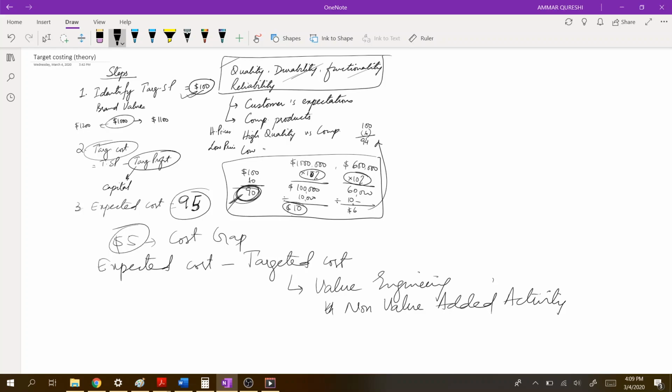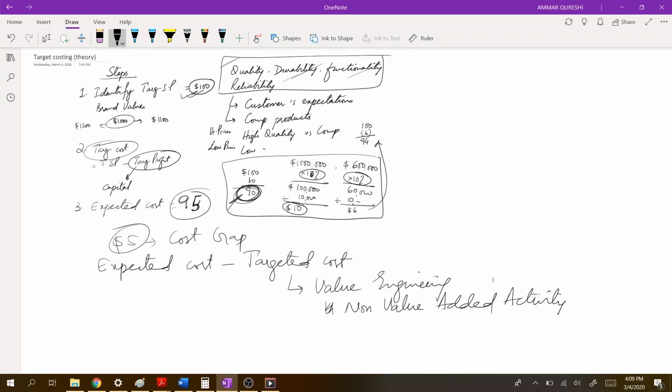For instance, spending too much money on the designing phase or the planning phase, or on the storage area, the batch processing area, warranty and after sales services, or anything which is not creating value for the product. We should try to eliminate those costs, so that is something we need to identify.